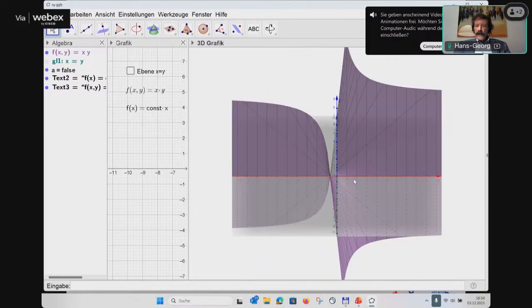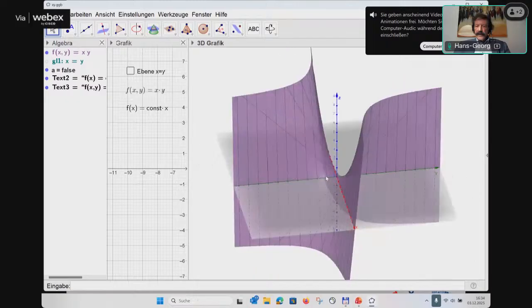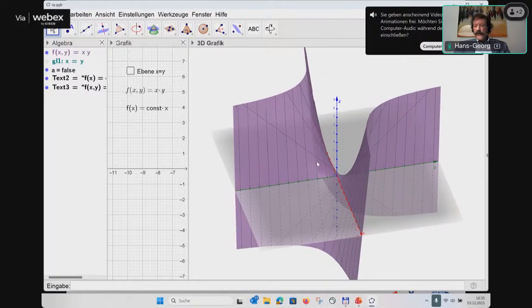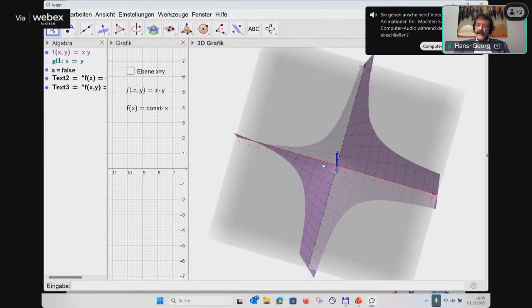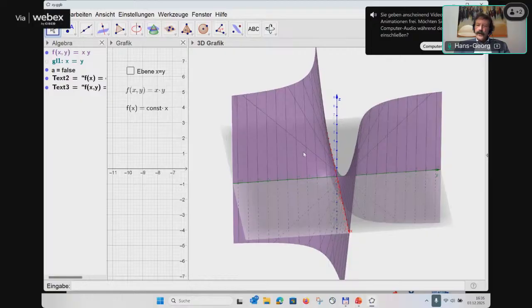This is the graph of this function, and you especially see the straight lines. If you have x times y, and x is constant, then you have a straight line in y. And if y is constant, then you have z equals x times a constant, so you also have a straight line. You see that these straight lines are part of the graph of this function.